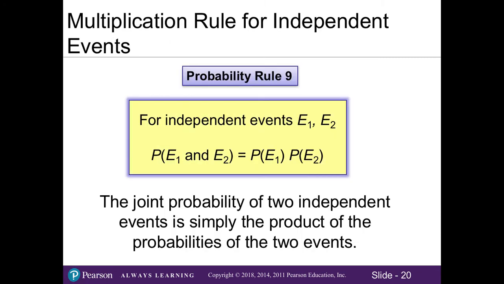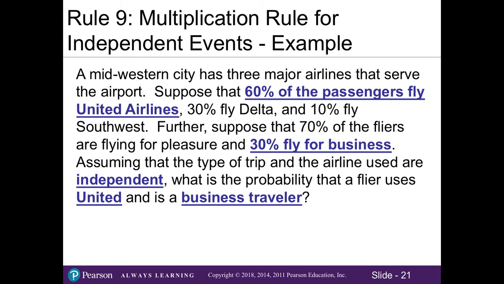Multiplication rule for independent events is probability rule number 9. When our events are independent, we simply multiply them together. So here we have a Midwestern city with 3 major airlines that serve the airport. Suppose 60% of passengers fly United Airlines, 30% fly Delta, and 10% fly Southwest. Further, suppose that 70% of the flyers are flying for pleasure and 30% fly for business.